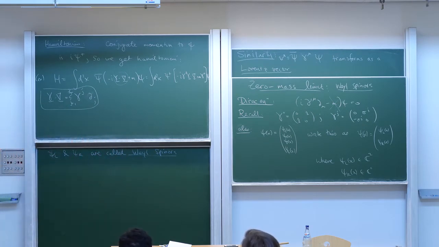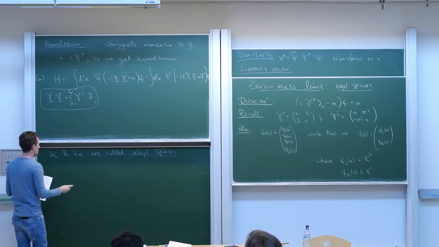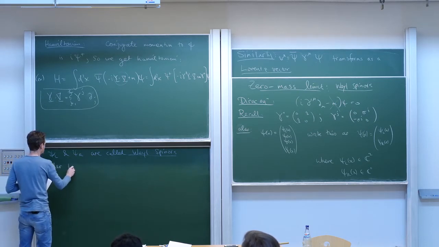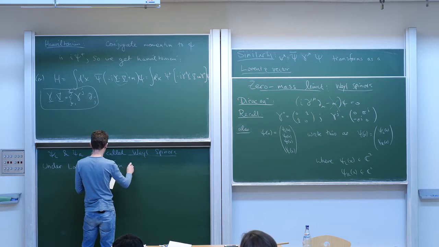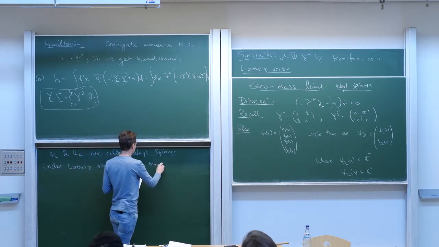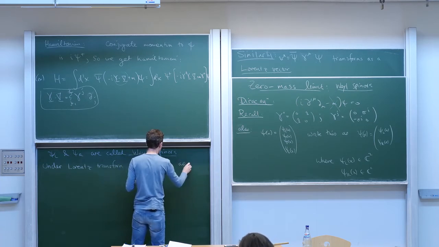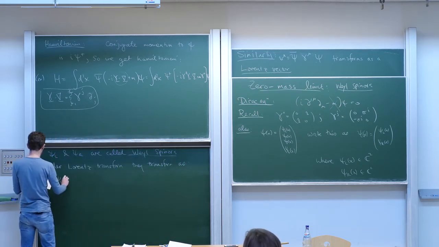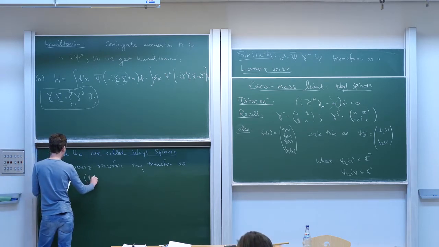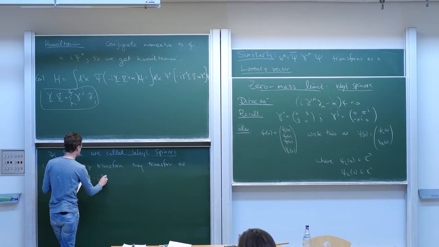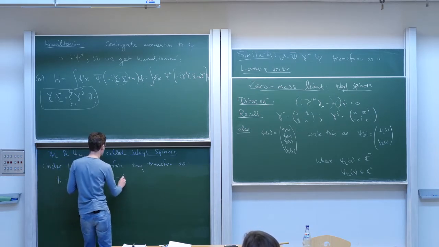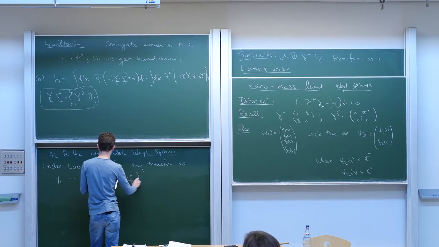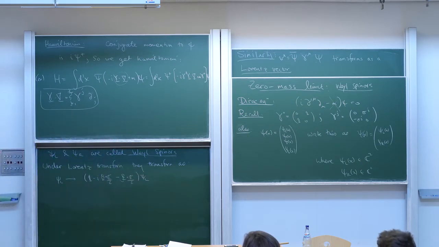Okay, so these two component objects there, they're called Weyl spinors. And it turns out that under a Lorentz transformation, they transform into themselves.